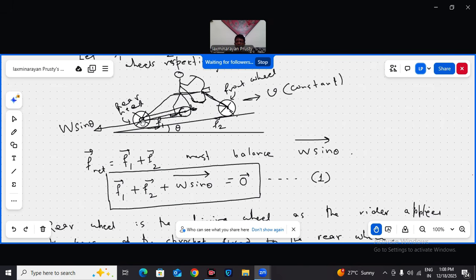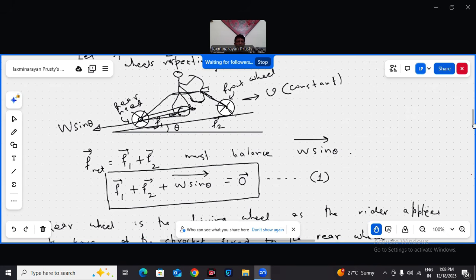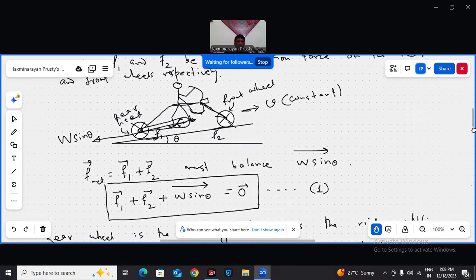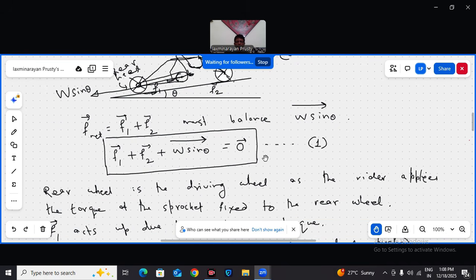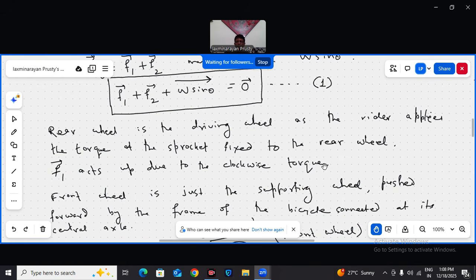So the driving torque will be clockwise. The rider will be applying a torque clockwise through the sprocket of the rear wheel. So the touching point will try to move back. So friction force acts up. So then what happens to the front wheel? This front wheel is just the supporting wheel pushed forward by the frame.